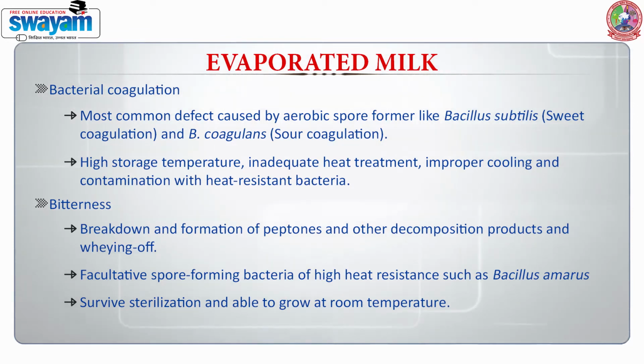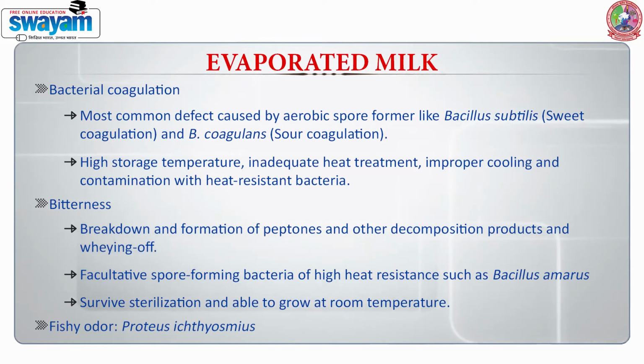The other defect which is associated is fishy odor, which is due to the growth of Proteus, which is responsible for the generation of a smell which is very peculiar of trimethylamines.